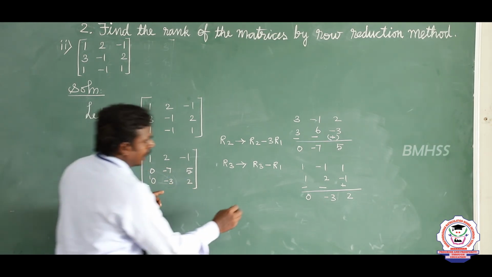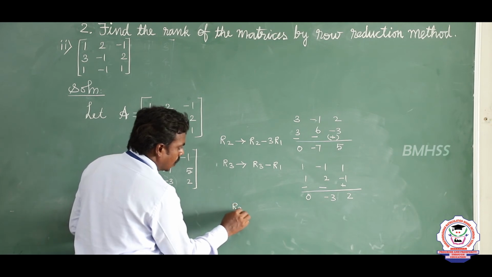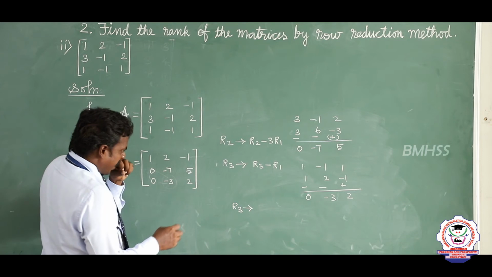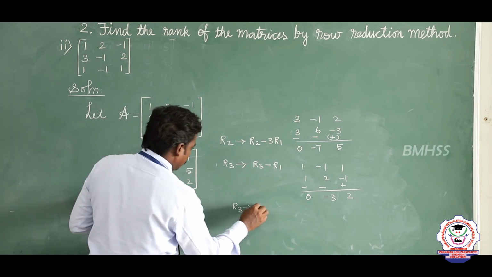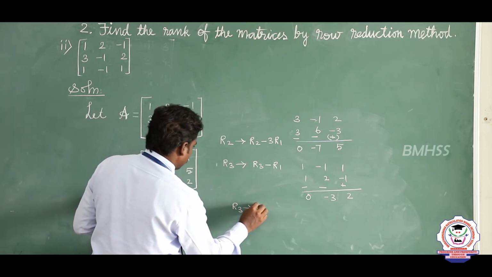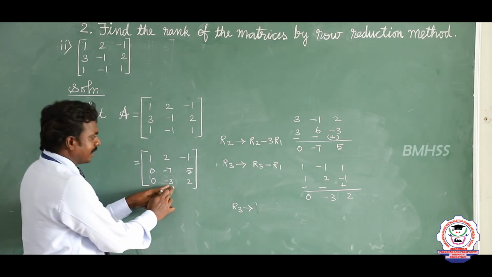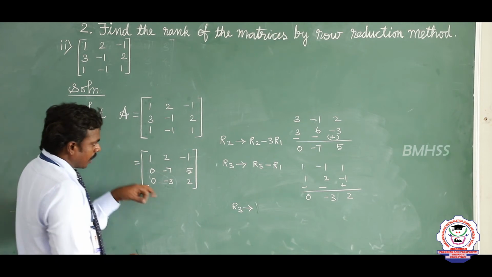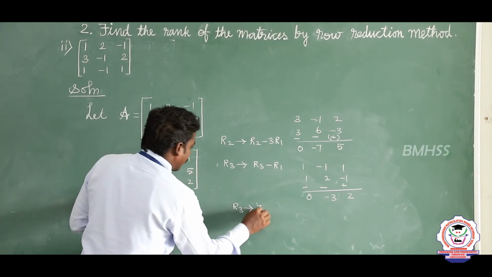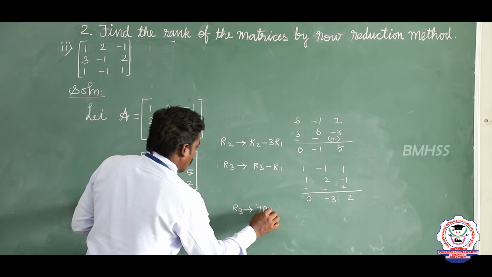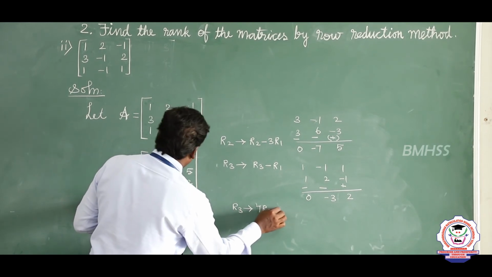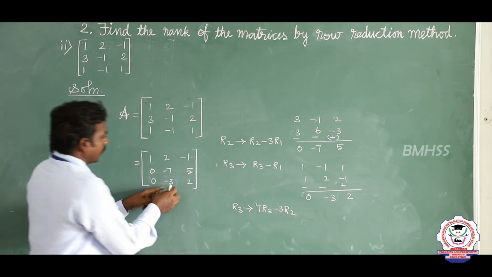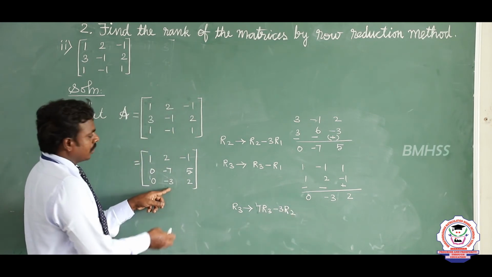From that, in R3, I am going to make changes in the third row. Here it is 3, and in the second row it is 7. So I am going to multiply 7 in the third row and minus 3 R2, because for 3 and 7 there is no LCM.